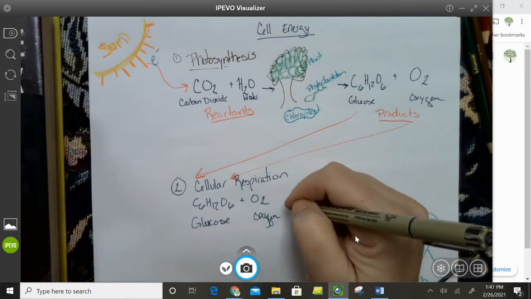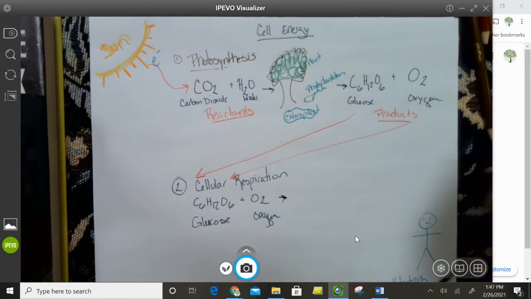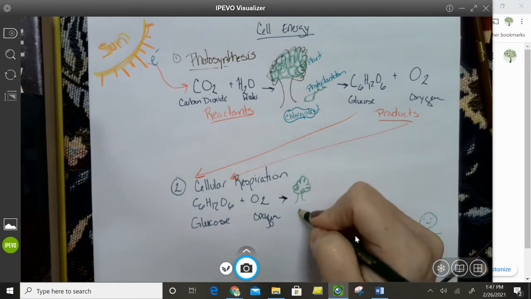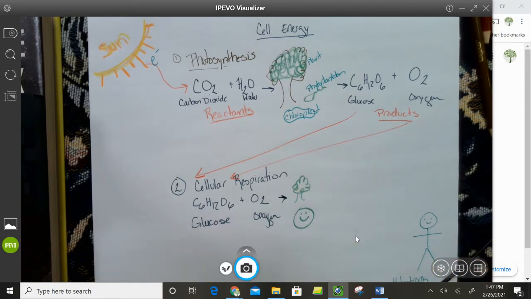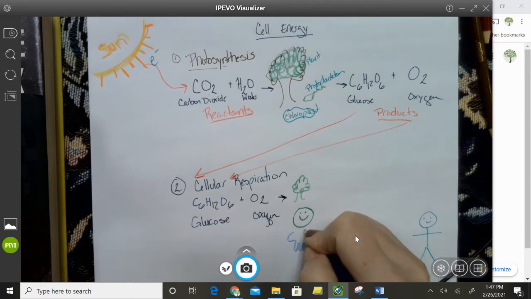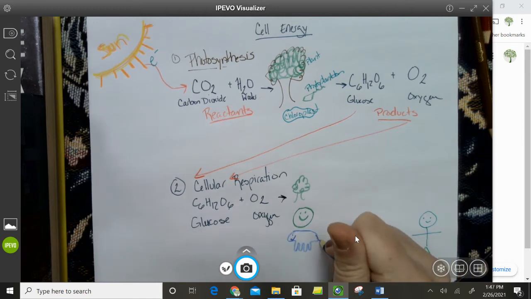It does happen in plants. It can happen in plants, and it can also happen in heterotrophic organisms like people or like dogs. I'll draw a picture of a dog. Let me give him a tail.